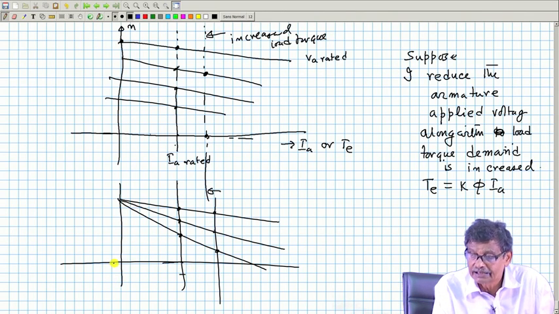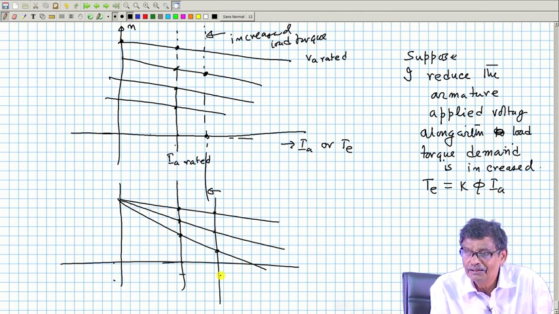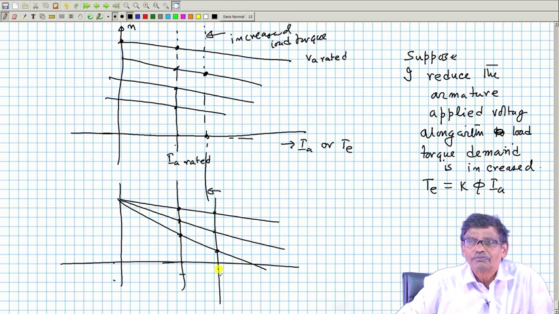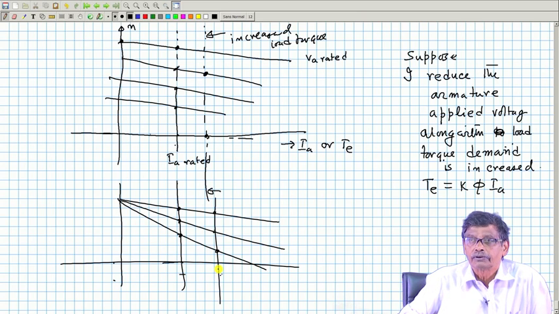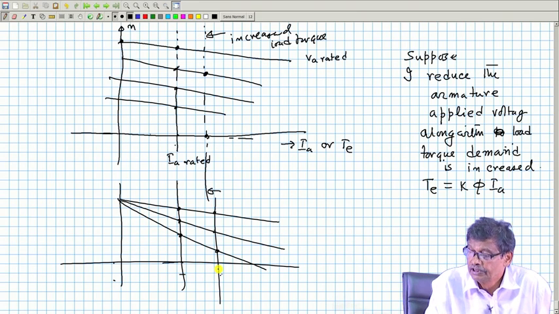If this is rated current, the current drawn will be much higher, because you are not touching flux. Got the point? Therefore, armature voltage control is most suited for constant load torque.